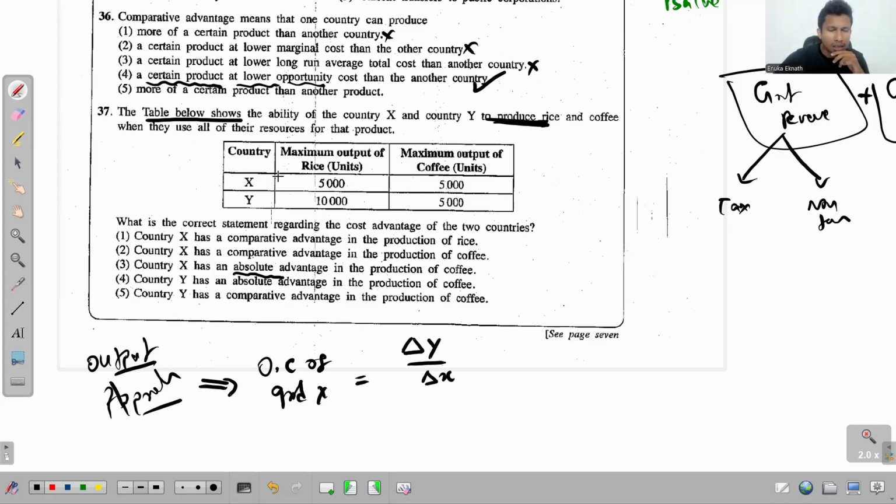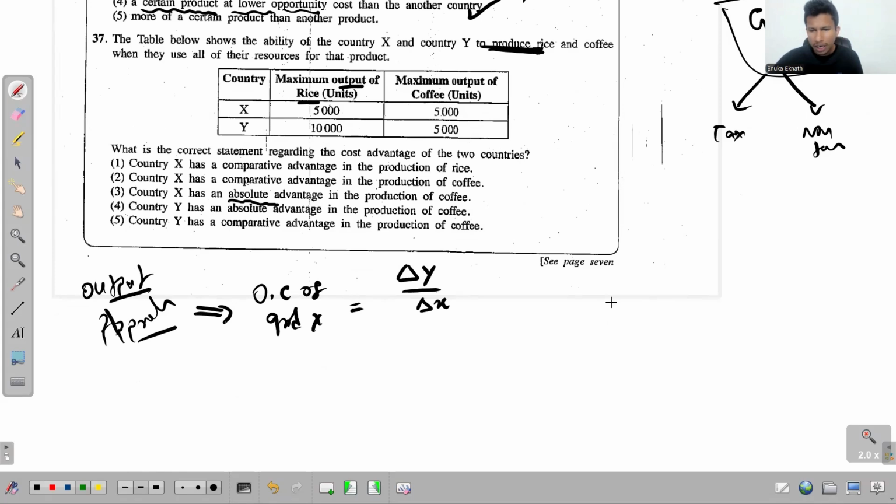See, when it comes to output of rice, country X can produce 5,000, but country Y produces 10,000. So obviously the absolute advantage, let me write it here. Absolute advantage of rice goes to country Y. And see that now there's no absolute advantage when it comes to coffee for any of these countries.